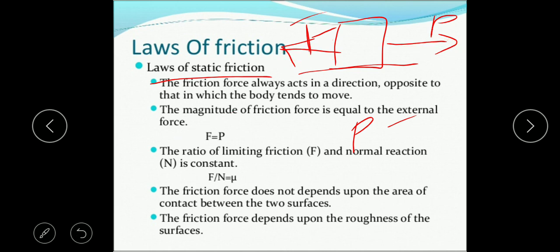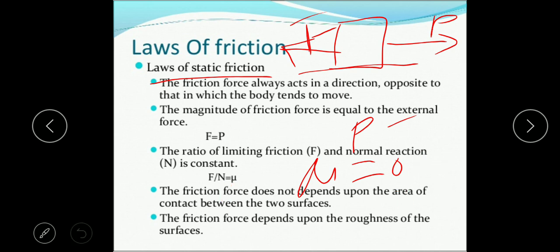Third, the ratio of limiting friction and normal reaction is constant, meaning if mu has the value 0.2, then if you take the value of F by N or F by R, that value will also be 0.2.